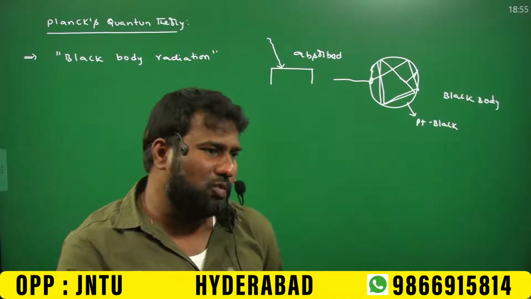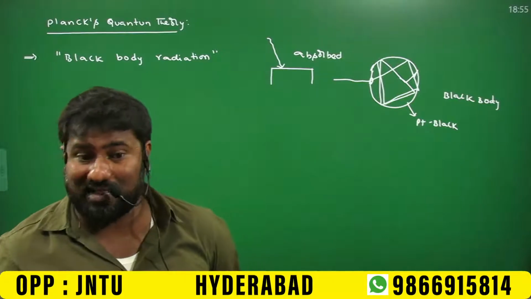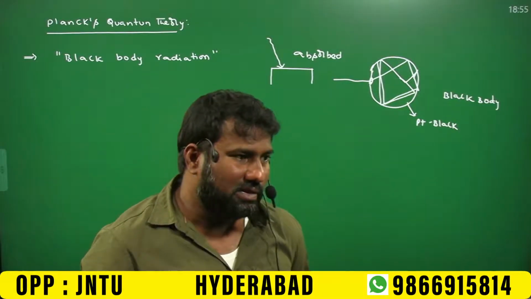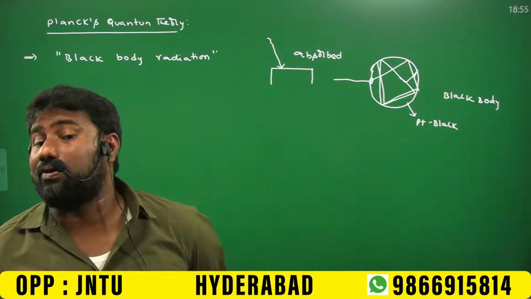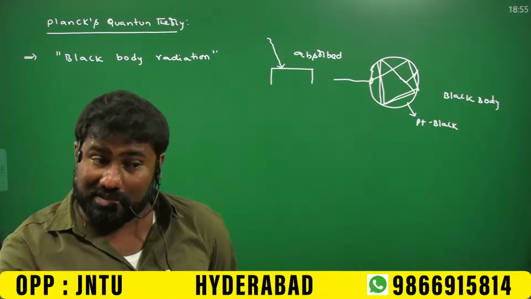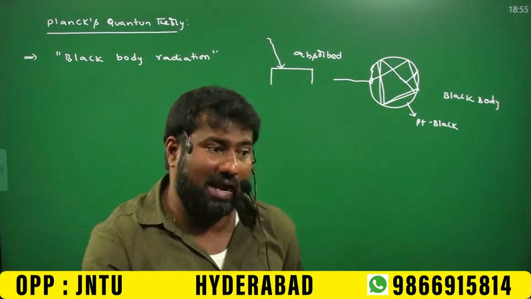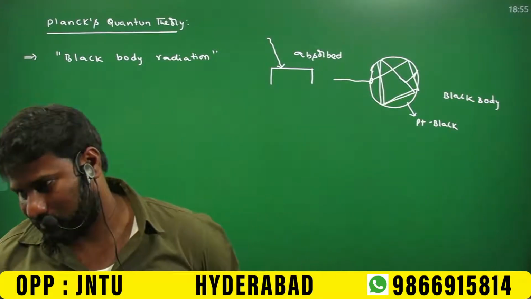Later on, the red glowness, the red brightness, is nothing but it emitting certain radiation. If you take any black body, it initially absorbs the light which is irradiated over the substance. Later on, it emits the radiation back.